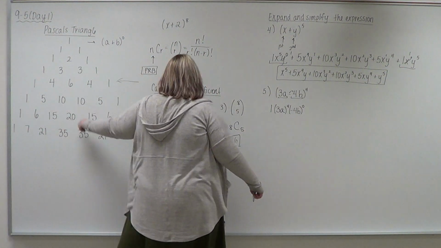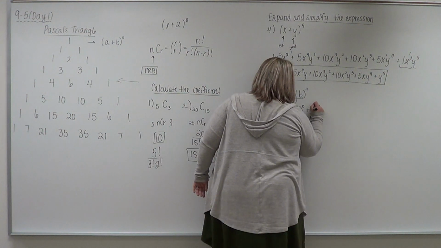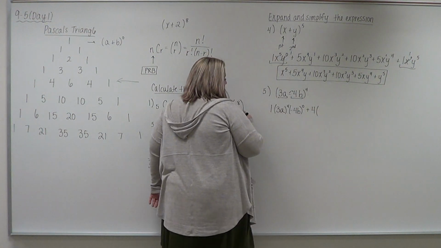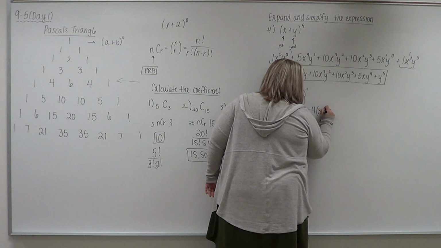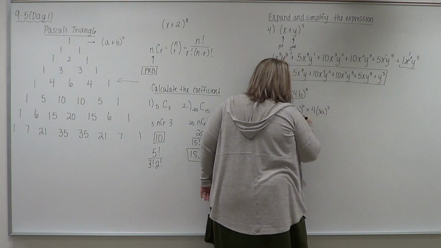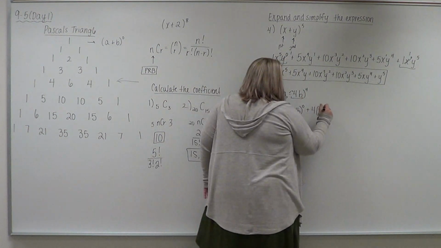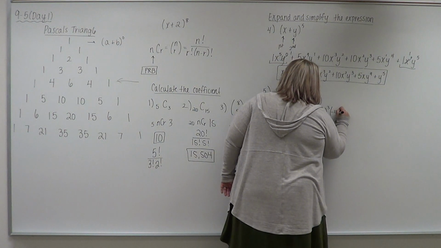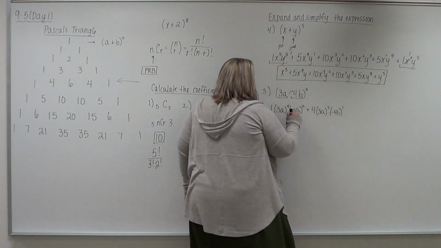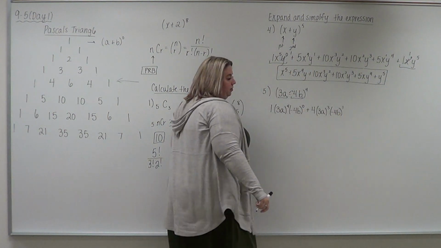Okay, then I do my next coefficient, which would be 4, so plus 4. My first term would be 3a. Both of those are going to go to the 3rd, because we take that one down 1. Then negative 4b will go to the 1st, because I took that one up a power.